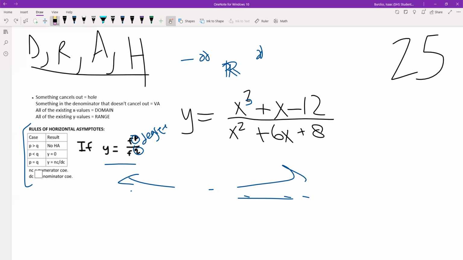Now, if they're equal, then you look at the coefficients of the numerator and denominator, and you divide them, and that tells you what it is. So what are the coefficients here?